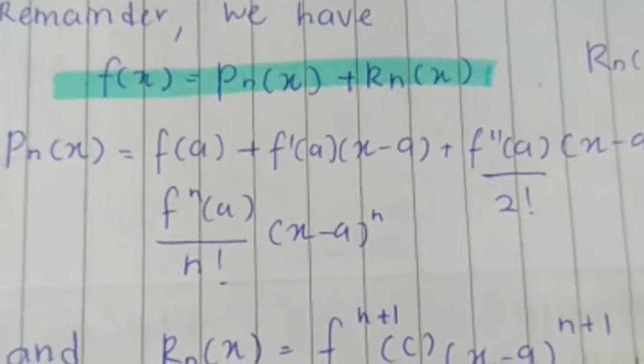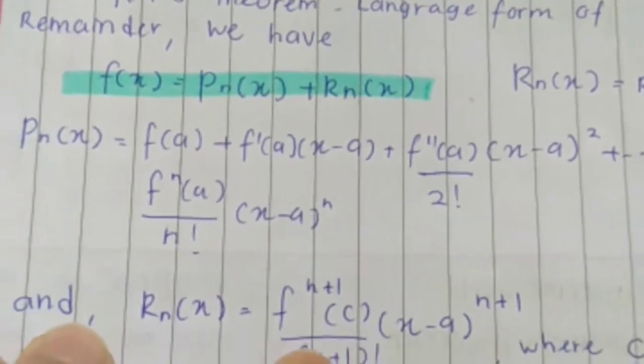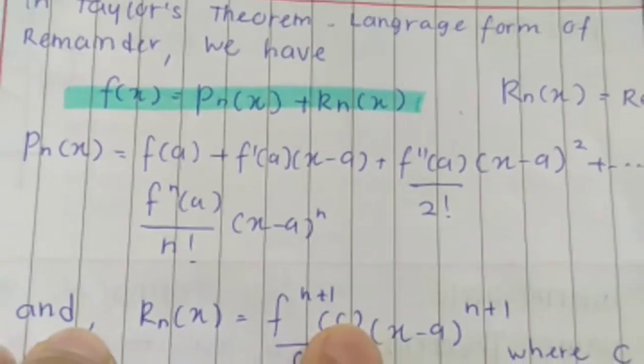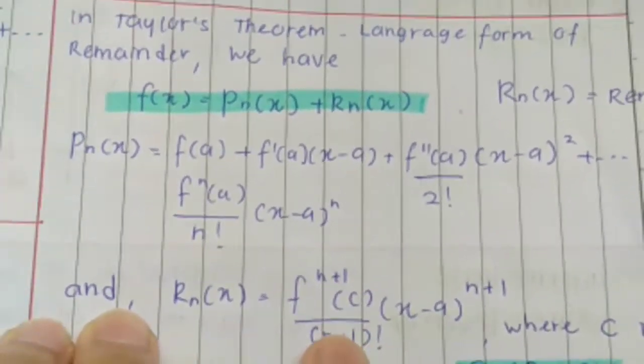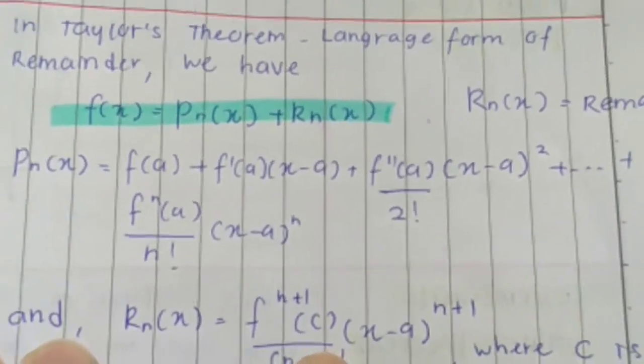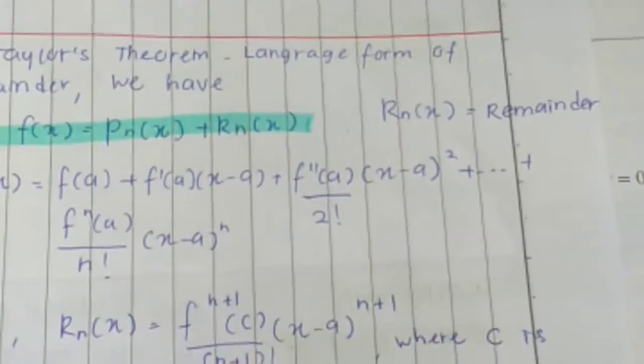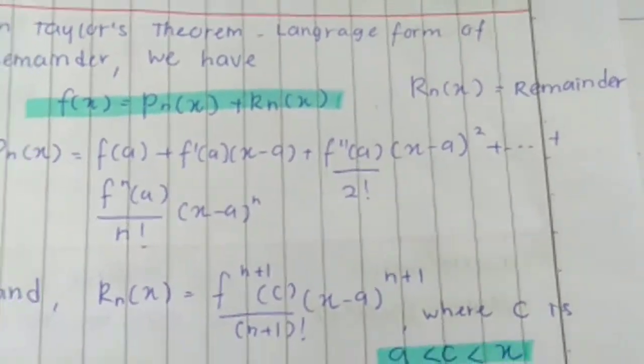And the remainder is R_n(x) with f^(n+1)(c) over (n+1) factorial times (x minus a)^(n+1). Okay, this happens when c is located between a and x.